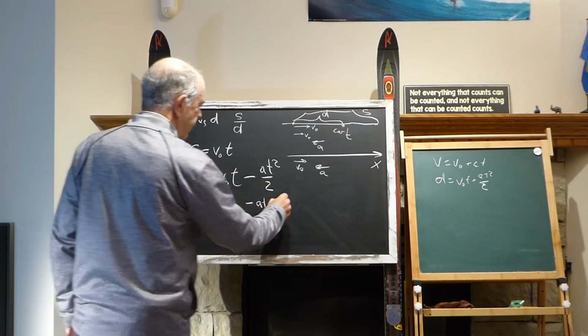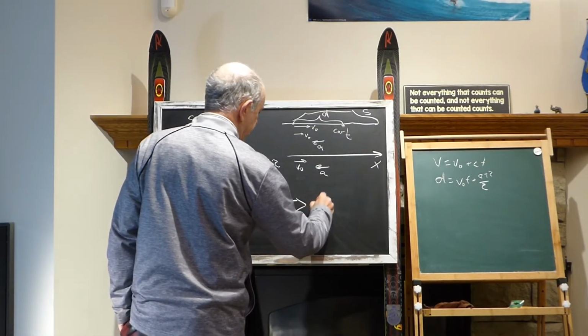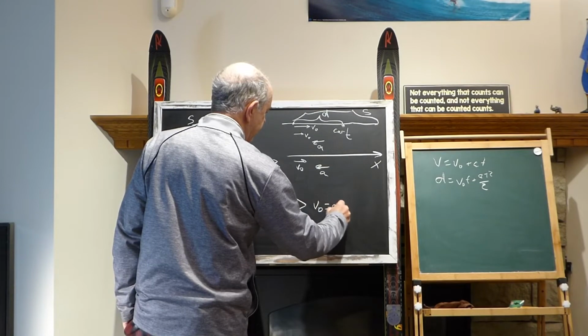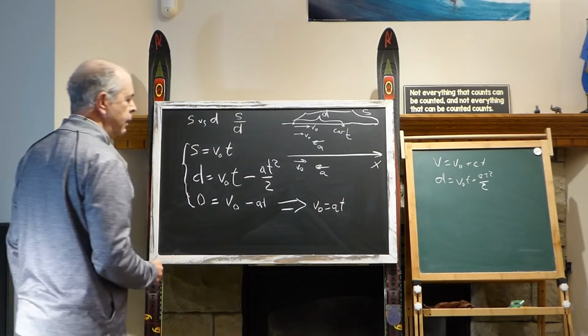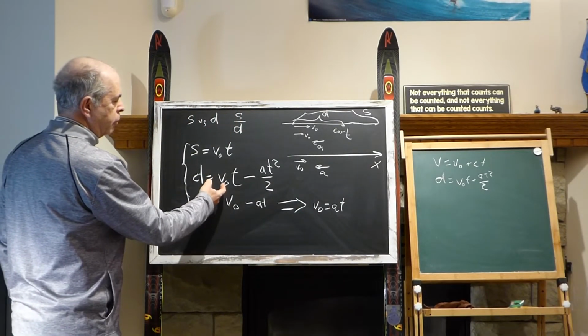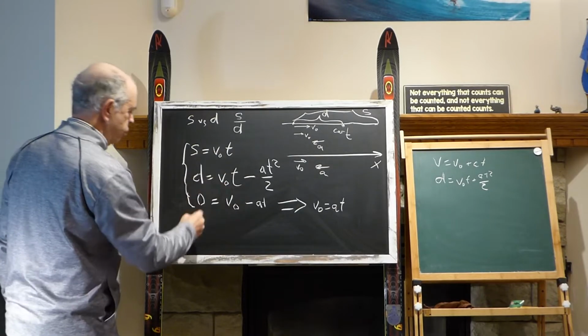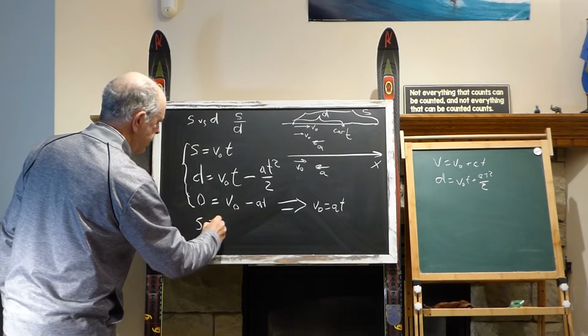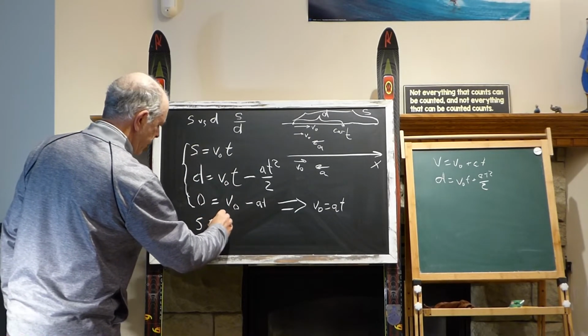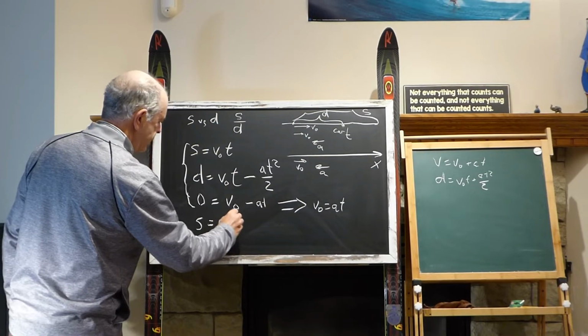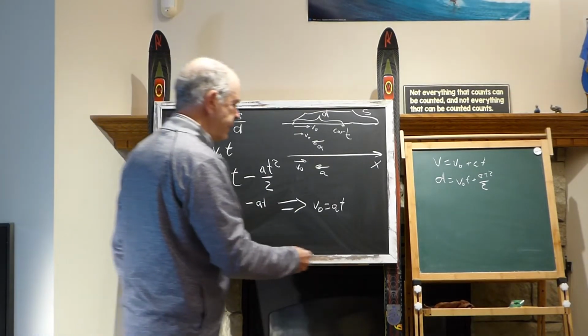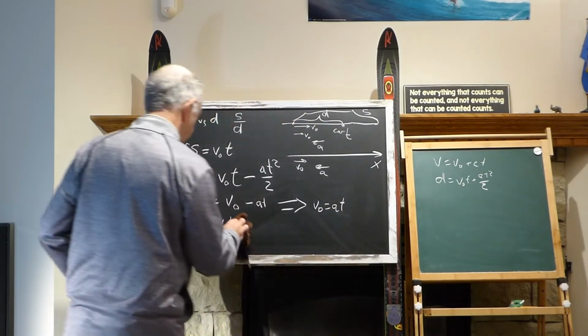For example, from here, we immediately obtain V0 equals AT, right? And immediately we can put this V0 in those two equations. The first becomes S equals V0T, nothing happens. Or we can put AT if we want.